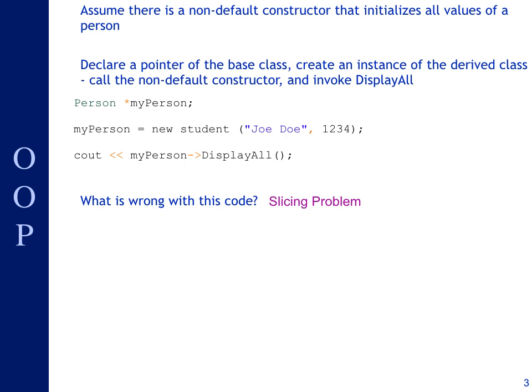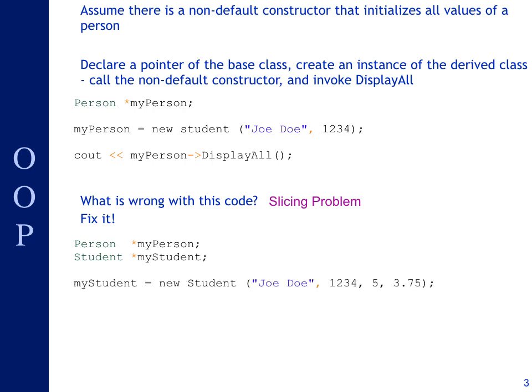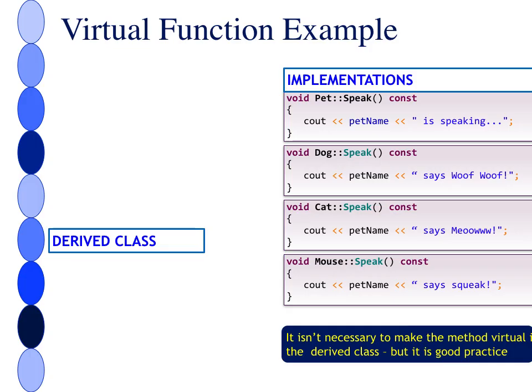But the correct way to implement that would be to create a person pointer, create a student pointer, use the student pointer like we showed before to create a student, then convert the pointer to a person, then call the function or use the display all method.